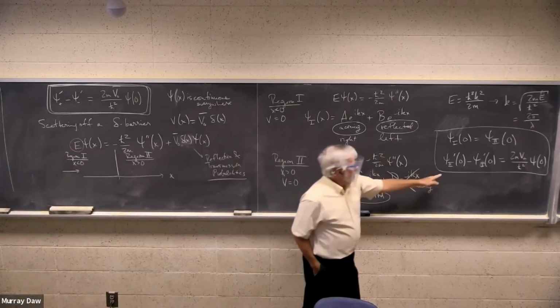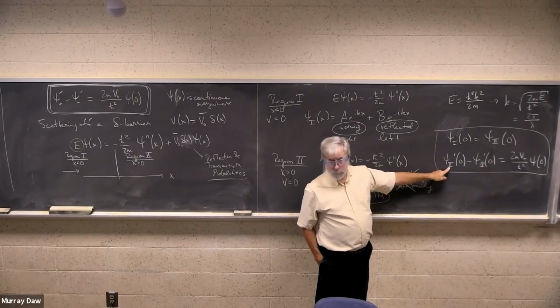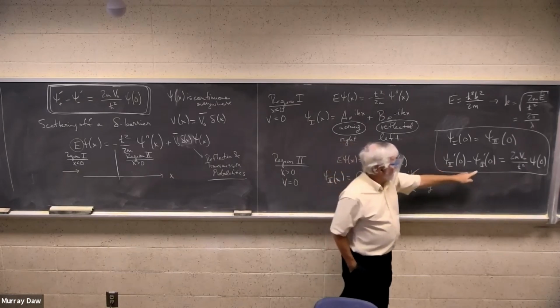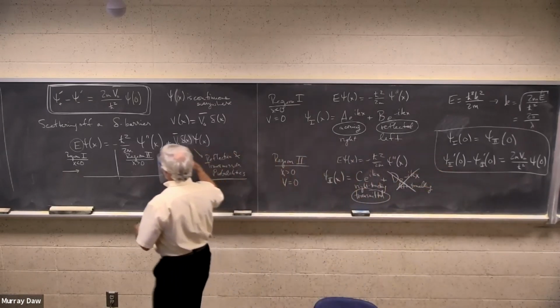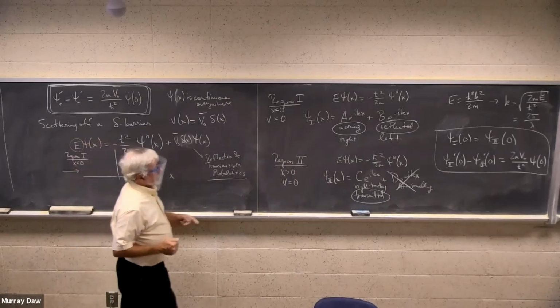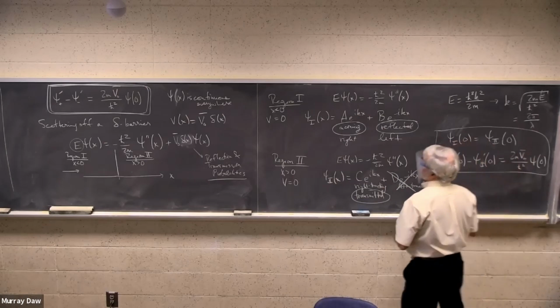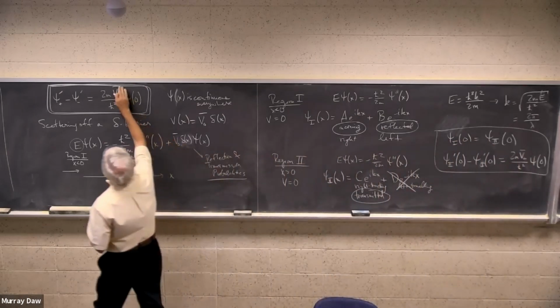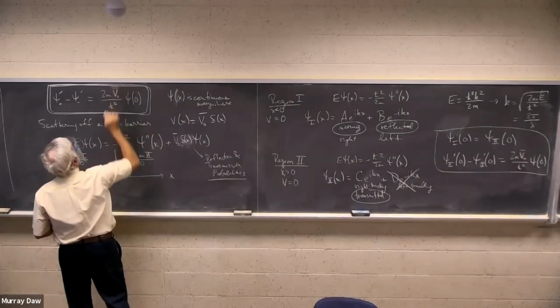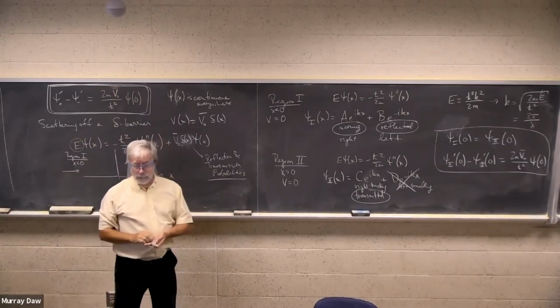But there's a discontinuity in the slope. Slope is not going to be the same if you're coming in from the right or coming in from the left. The discontinuity is proportional to that. There's a bar over the V here. Proportional to the strength of the delta function variable.